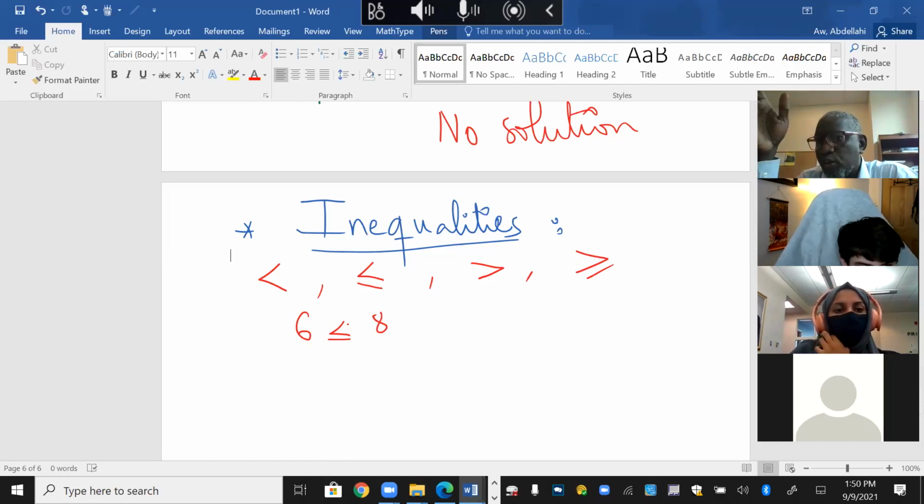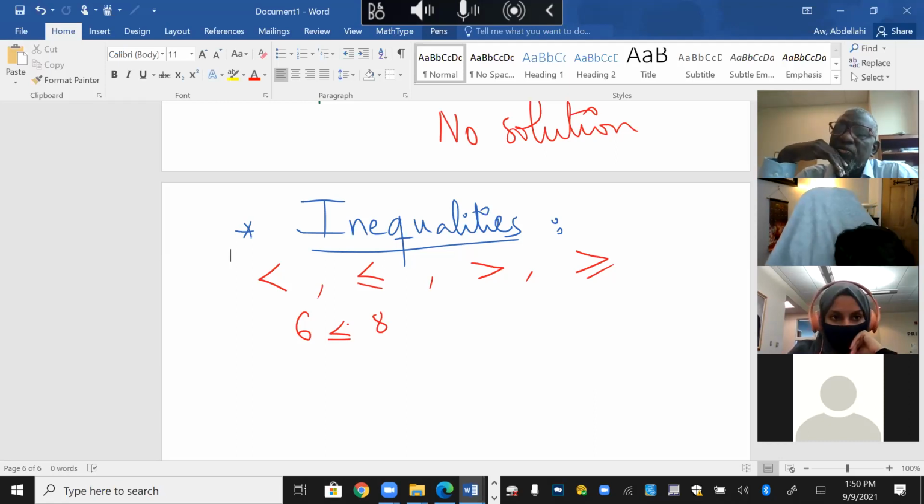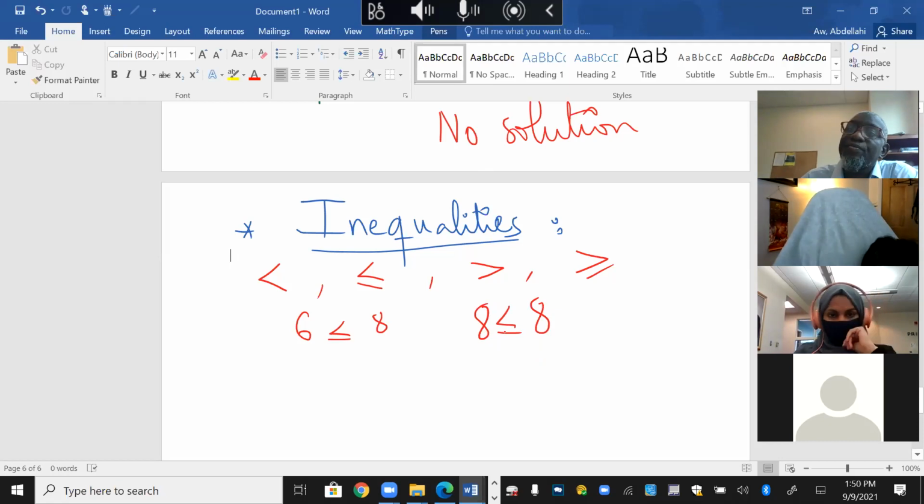Every time you have "or", if one piece is right, then the whole thing is right. So this statement is true because 6 is actually less than 8. When you say 8 is less than or equal to 8, this statement is also true because 8 is equal. They are both true.